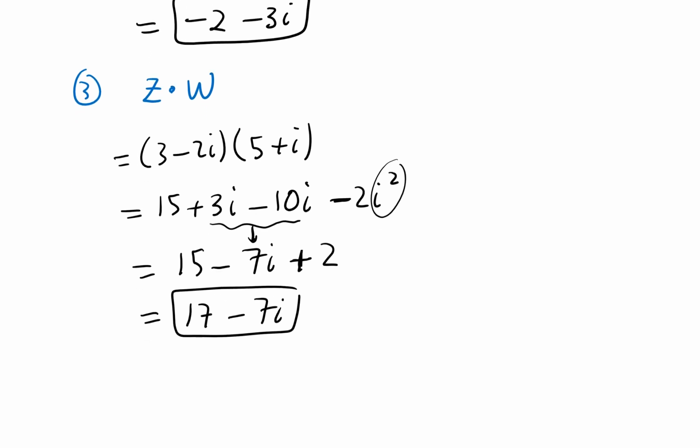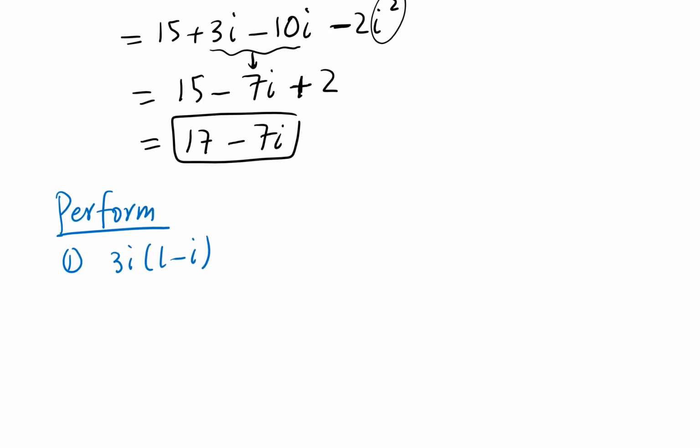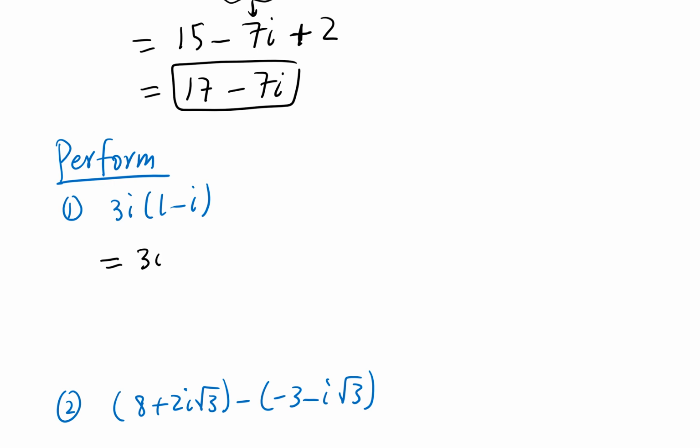We can do more practice on this. Let's perform some operations, such as 3i times 1 minus i, which means simplify it. We're also going to simplify 8 plus 2i root 3 minus -3 minus i root 3. 3i times 1 is 3i. 3i times i is 3i squared.